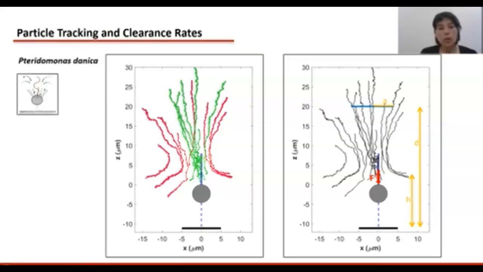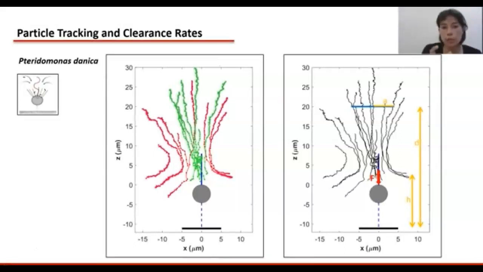The clearance rate is the volume of water that can be cleared, or searched through, by the predator for potential prey encounters in a certain period of time. In order to estimate the clearance rates, a theoretical clearance disk was positioned in front of the flagellate, and the flow rate that goes through it was calculated.